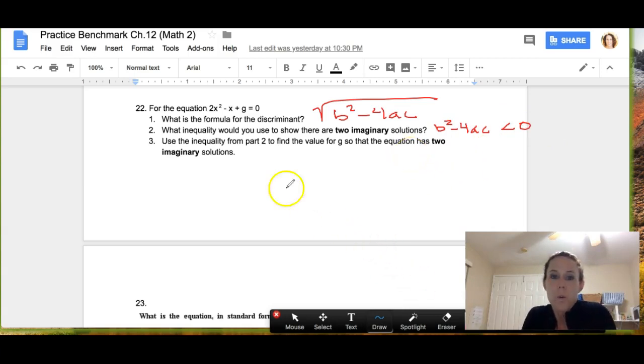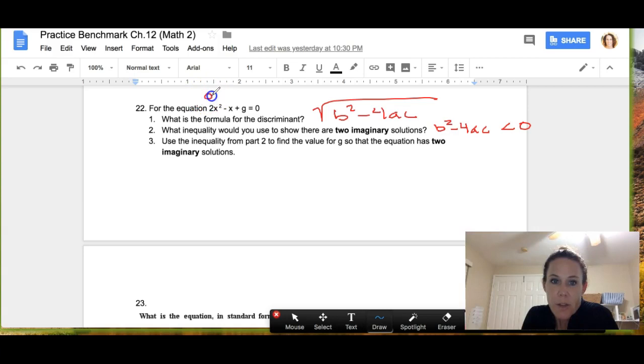All right? We're going to use the inequality in part 2 to find the value of g so that this equation has two imaginary solutions. So we want b squared minus 4ac to be less than 0. Let's figure that out. Look at our equation here.